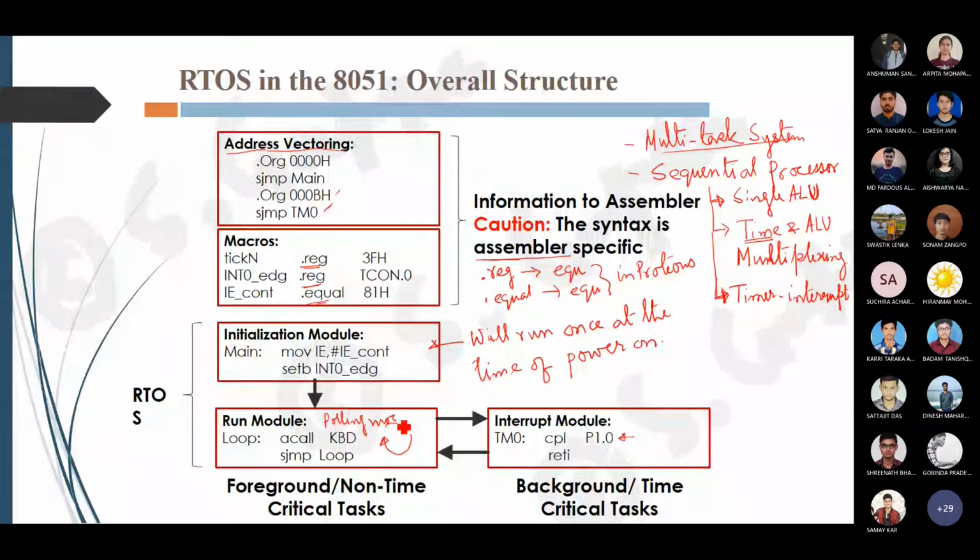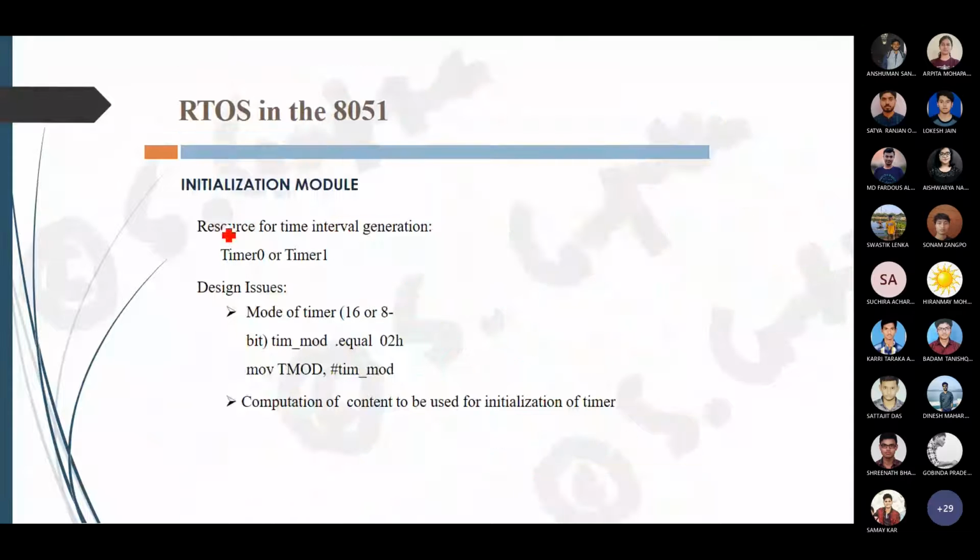And so in the initialization module, for the resource for time interval generation, we need to decide the design issues, which mode we want. Accordingly, we have to equate or configure that T mod.